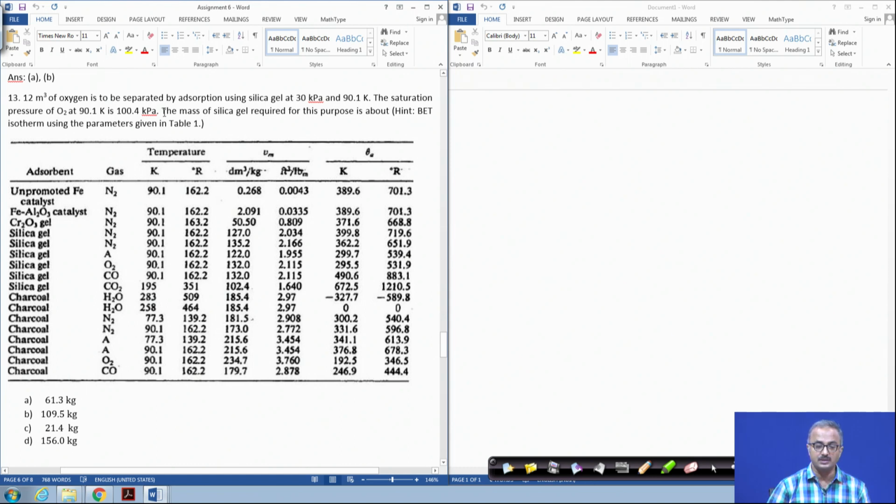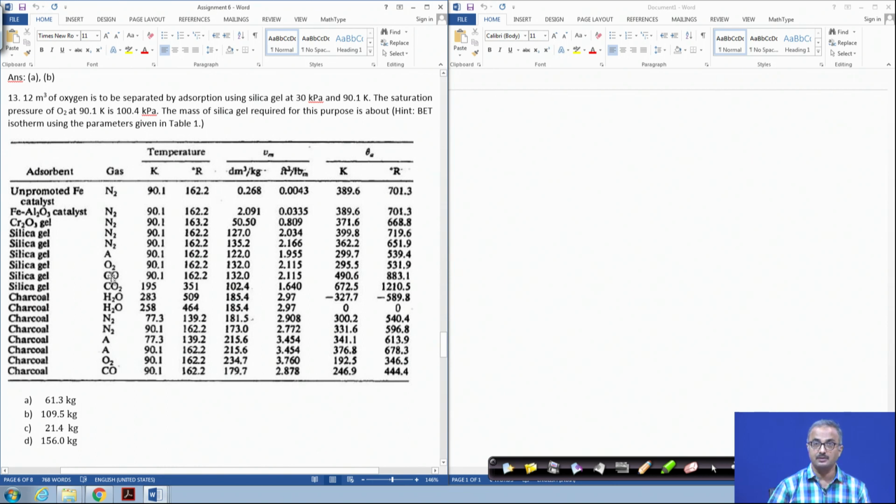Now you have to find out how much oxygen can be taken up by the silica gel, and here you have been given a hint to use the BET isotherm, and a table in which you will find the various coefficients for the BET isotherm. Using these coefficient values, you first have to locate the oxygen. In the first column you have the various types of adsorbents.